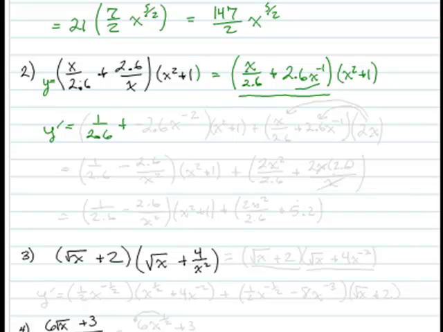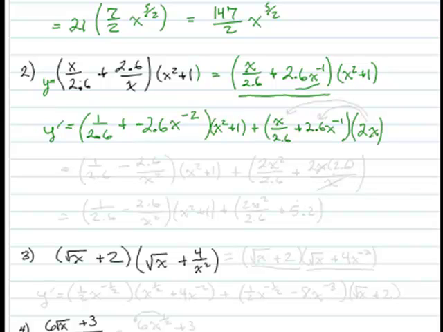Bring the negative 1 down, it's negative 2.6x, decrease the power by 1 to the negative 2. Put that in parentheses, and we're leaving the other part alone, x squared plus 1. Plus, now we'll leave the first part alone, x over 2.6 plus 2.6x to the negative 1, times the derivative of the second part, which is 2x.